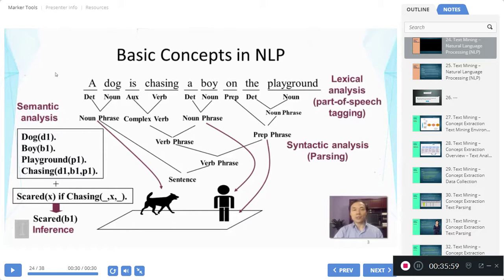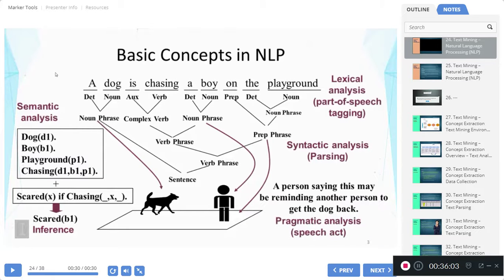This has to do with understanding the purpose of saying this sentence, and this is called speech act analysis or pragmatic analysis, which refers to the use of language. So in this case, a person saying this might be reminding another person to bring back the dog. This means when saying a sentence, the person actually takes an action. So the action here is to make a request.